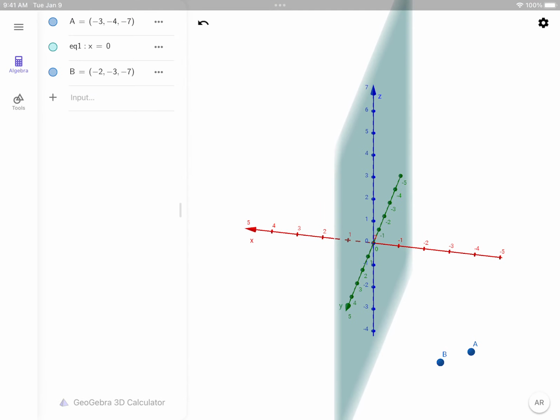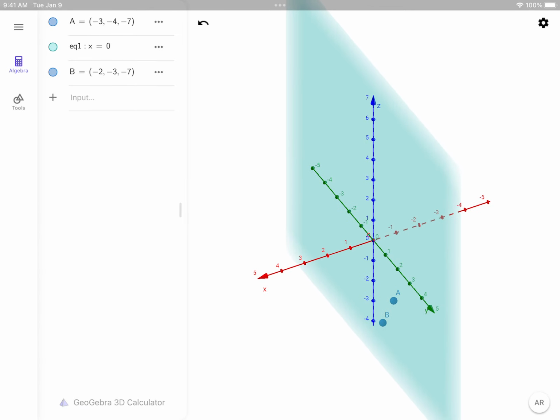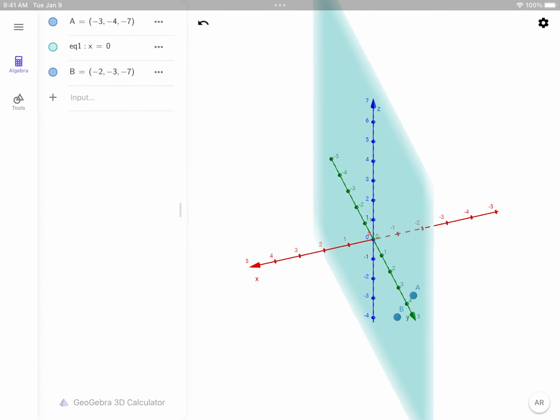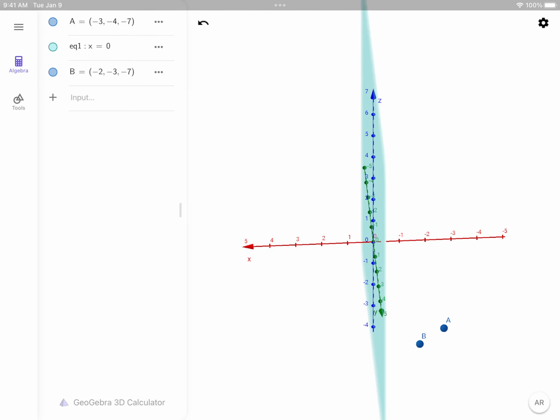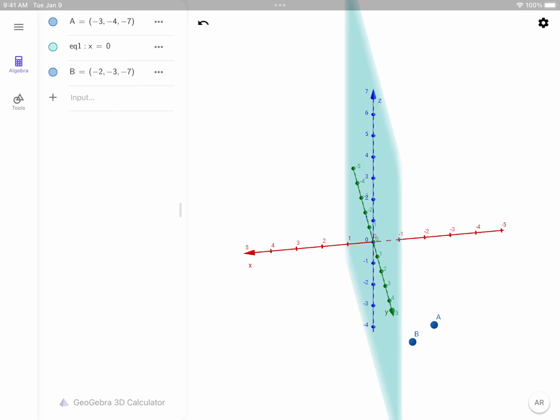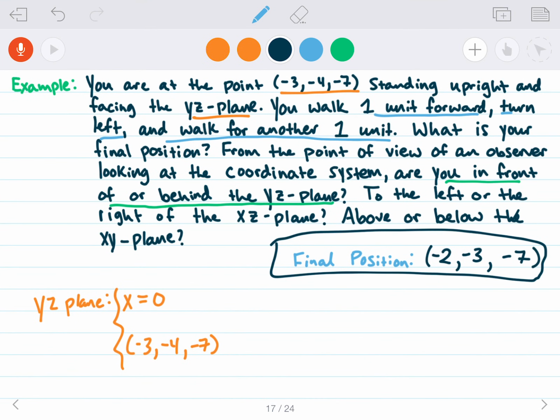So are we in front of the YZ plane or behind it? In front or behind? Well, we're behind it, right? Because we're in the standard orientation. We have positive X coming out of the page. We have positive Y going to the right, and the negative going to the left. So we are behind. We can see that point B is behind the YZ plane. So let's answer that here.